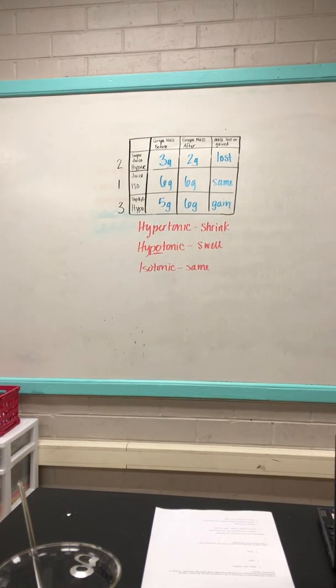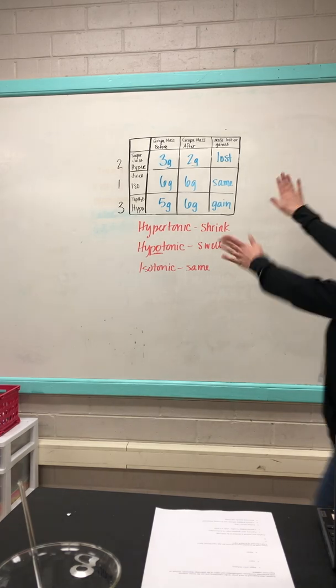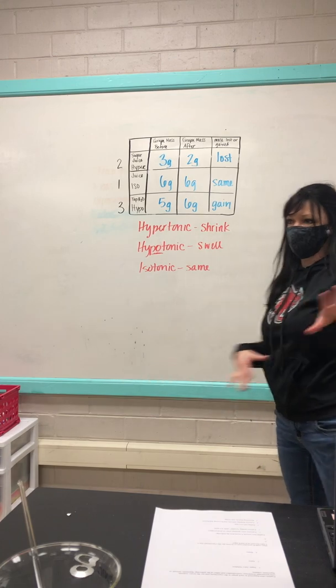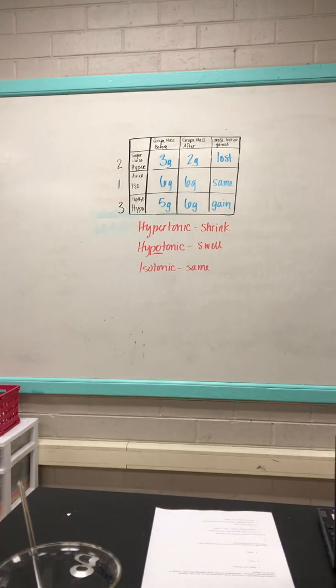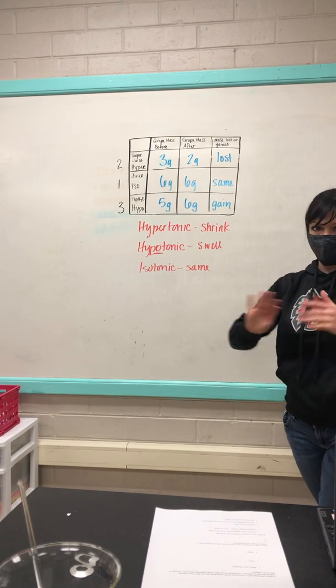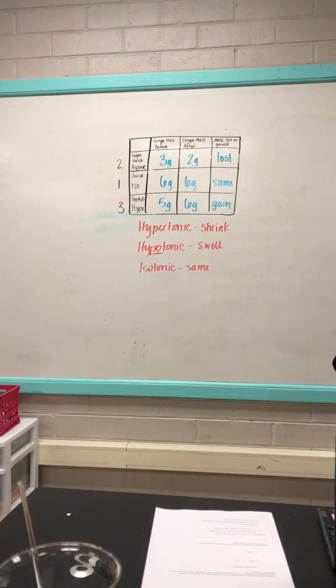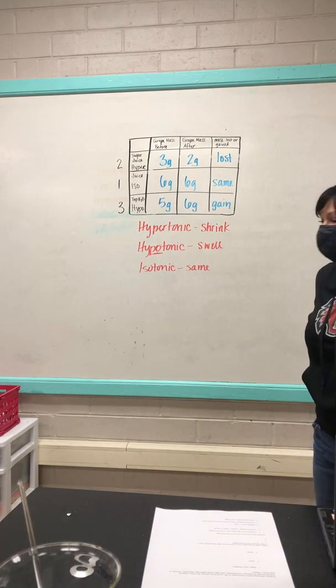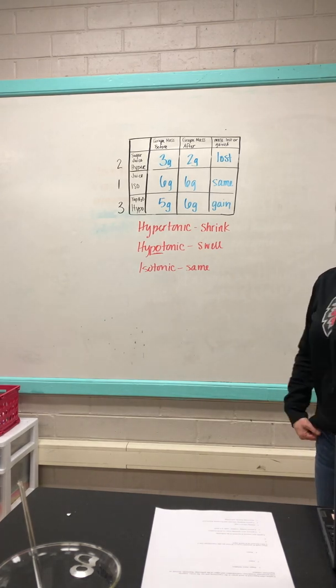You do not have to write these up here. This is what I'm going to give the people who are remote. It's a combination of ours. Theirs, in theory, is going to work out perfectly, where ours didn't exactly. Some of yours stayed the same, some gained or lost. That's totally typical in science.